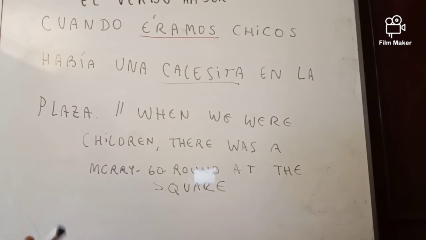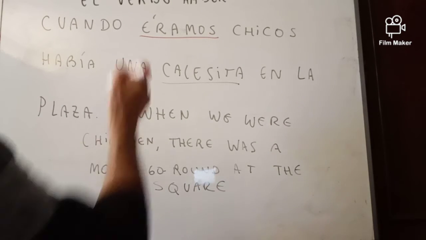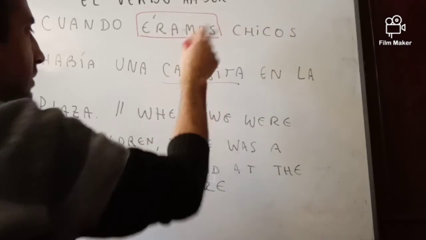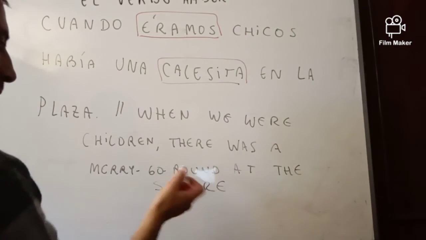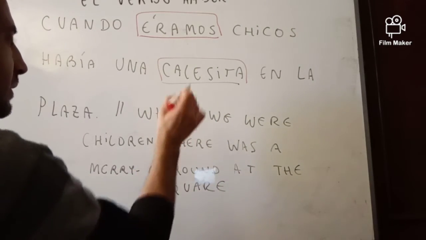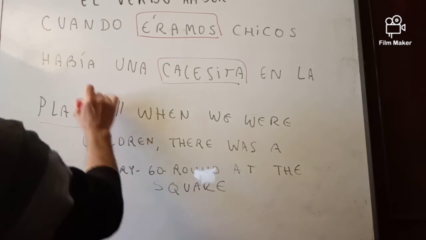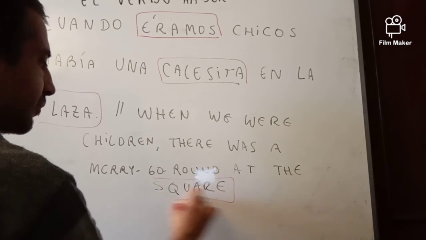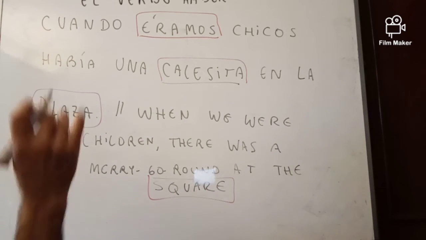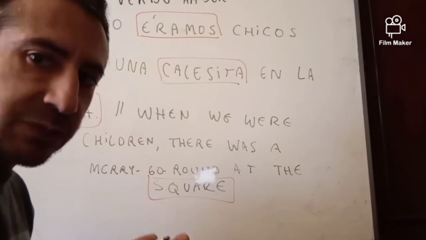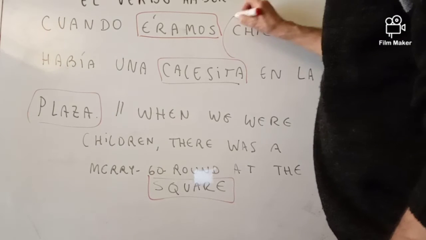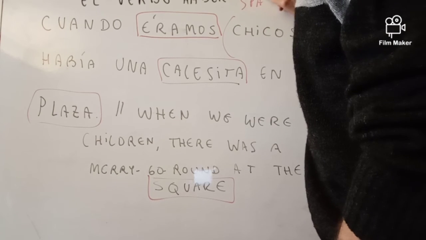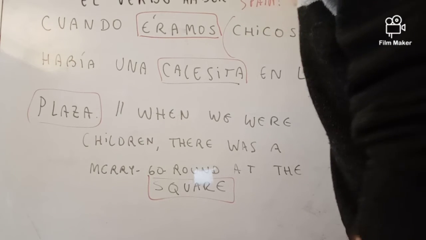So we have some new words here. Well, we'll see this conjugation later. Calecita, merry-go-round, and plaza, square. But what happens with calecita? This is used in Latin America, but in Spain they don't use this word.